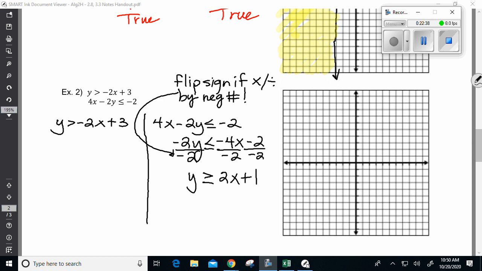So let's go ahead and start graphing. First inequality, -2x plus 3. Put a dot on 3. Down 2, right 1. Again, you want your lines to be as straight as possible.